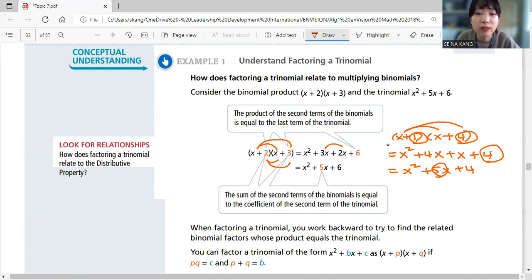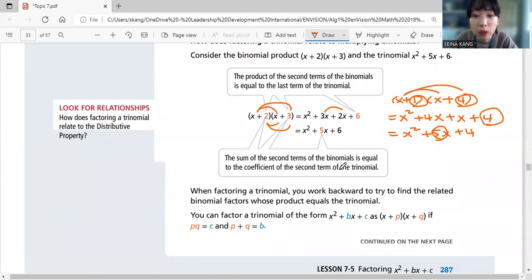So the sum of the second terms of the binomials is equal to the coefficient of the second term of the trinomial. And that only works when you have a binomial product. So x plus a number times x plus a number, okay? So when factoring a trinomial, you can work backwards, try to find the related binomial factors whose product equals a trinomial.